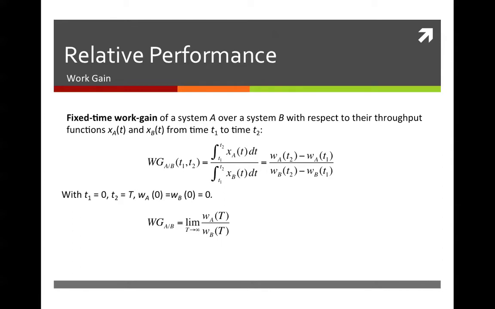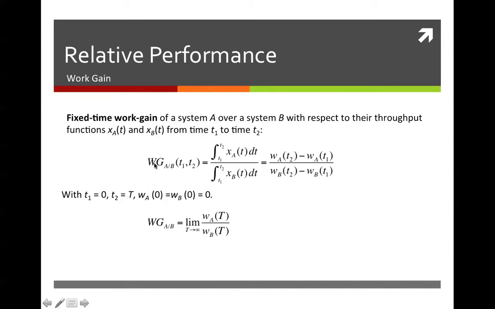So what we're really doing here in order to define what we call fixed time work gain, we are fixing the time on two systems, and we call them A and B, and then we look at the potential work gain of the first system, that is system A, over the second system, with the throughput functions that are given by x_A(t), x_B(t).